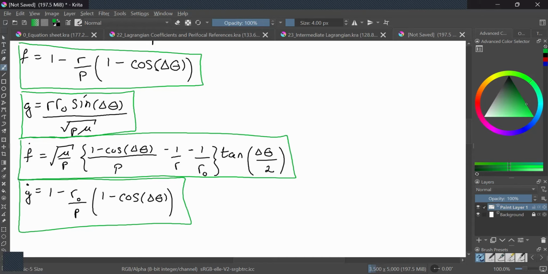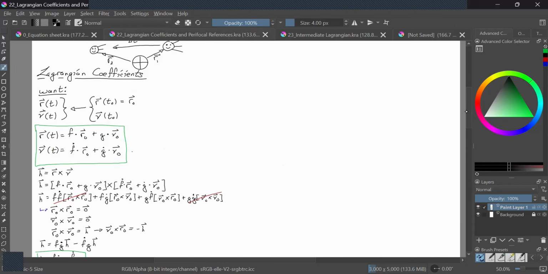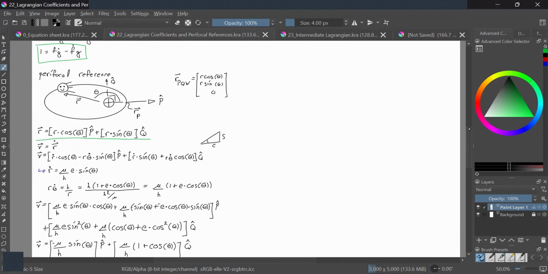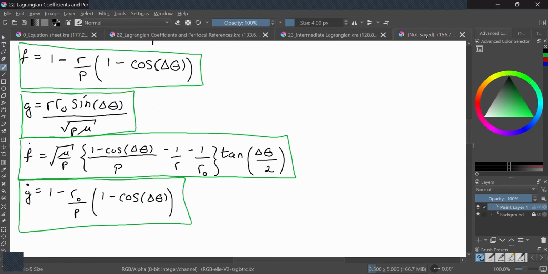Now, if you do decide to go through and solve for all of these on your own, I will tell you that at some point, you may find it useful to use this identity: 1 equals f g dot minus f dot g. That may come in handy.